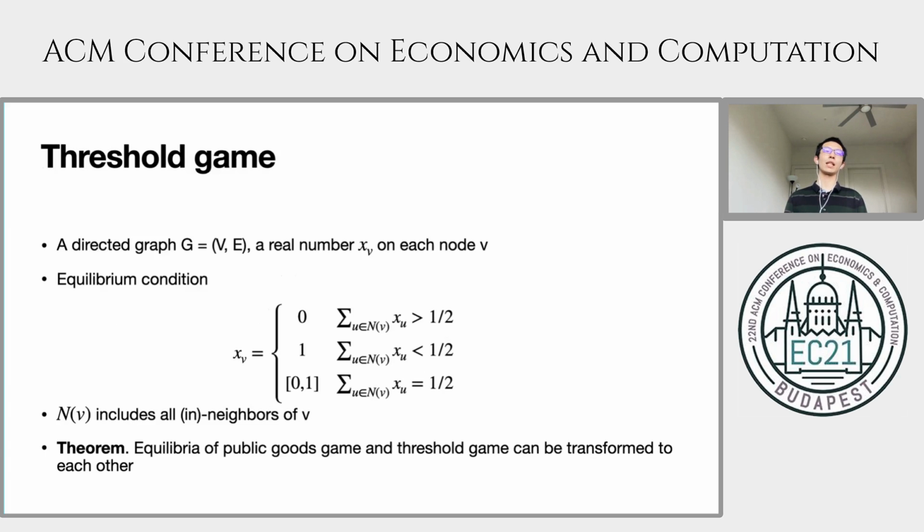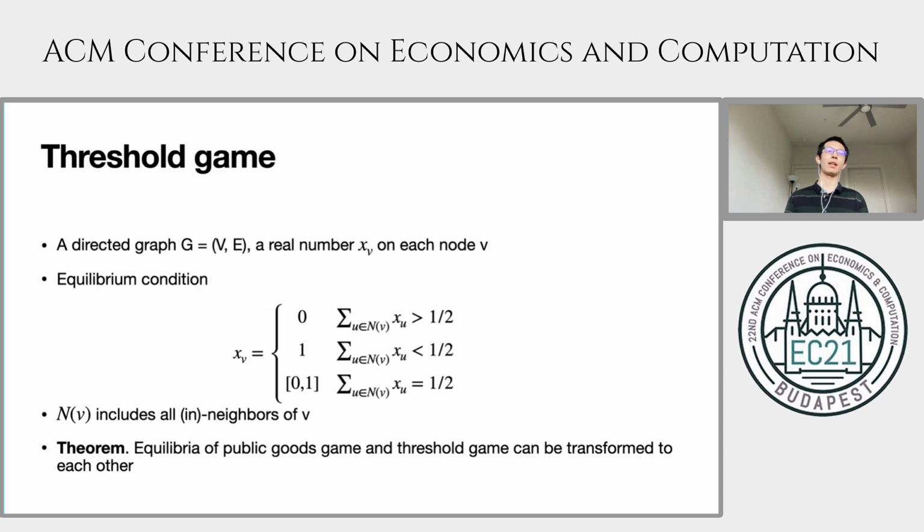First, I will introduce the threshold game. A threshold game is defined on a directed graph G, and we use V to denote the vertex set and E to denote the edge set. There is a real number xv associated with each node v. We can define equilibrium on the threshold game, and the equilibrium condition guarantees that for each node v, xv equals 0 if the summation of its neighbors is greater than 1/2, and xv equals 1 if its neighbor sum is less than 1/2.